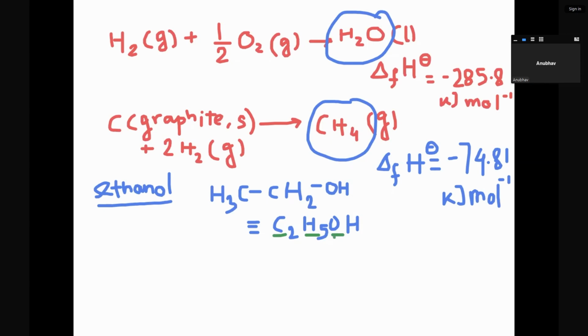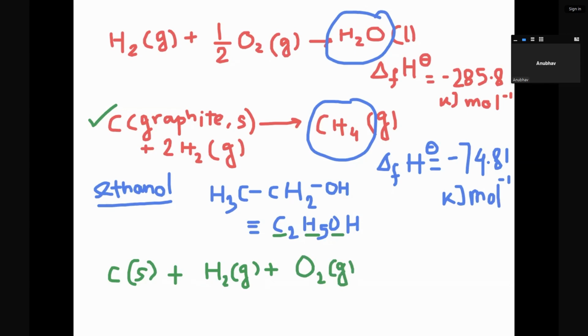So now we have to write this in their standard state. For carbon, the standard state is carbon graphite in its solid state, so carbon solid. Next, we have hydrogen gas. Hydrogen gas's standard state is H2 gas. And we have oxygen gas, so we will write O2 gas.